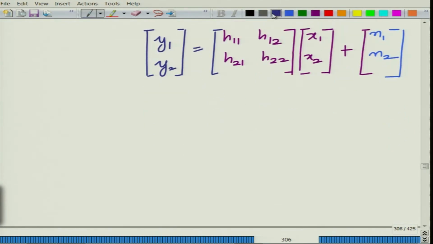Now, let us draw a schematic diagram for this. So, let us say you have the symbol x1, and you are multiplying this by the channel coefficient h11, and then you have the symbol x2, which you are multiplying by the channel coefficient h22.